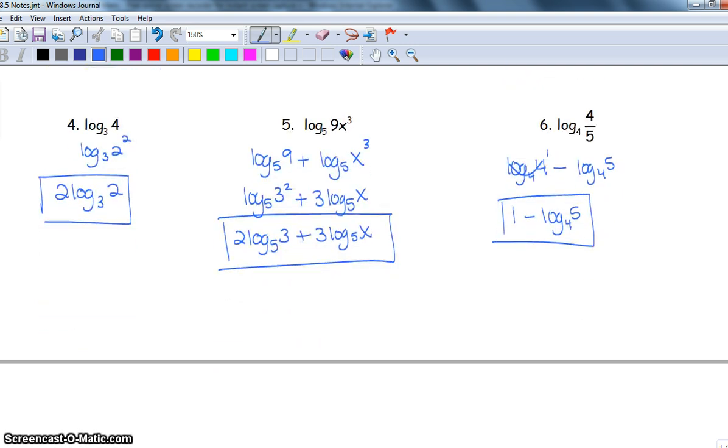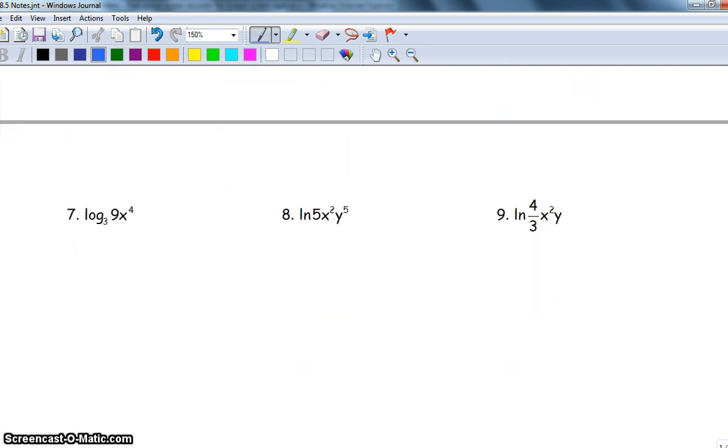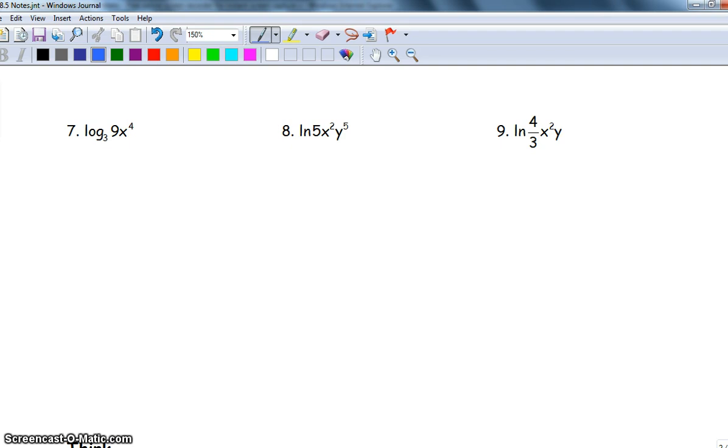Alright, next page. They're going to get a little bit more complicated. We've got log base 3 of 9 times x to the 4th power. So since I'm multiplying the two pieces, that means I separate them by the addition sign. I look at my first piece.